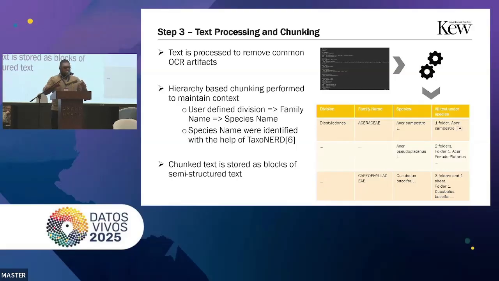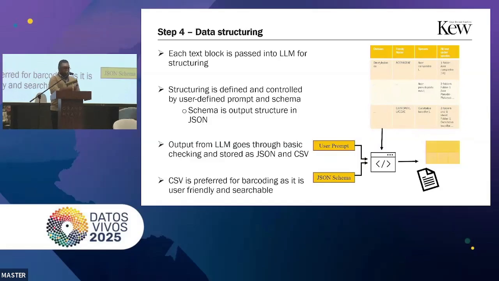This singular row will then be sent to the large language model for transcription, which will look a bit like this. The large language model will take the user prompt, which is the user explaining how the information on the species should be handled and how it should be returned in a structured format.